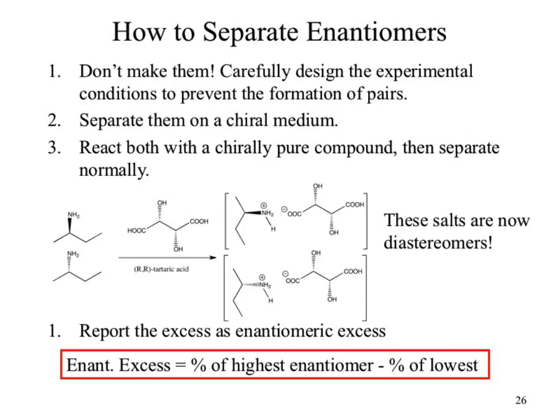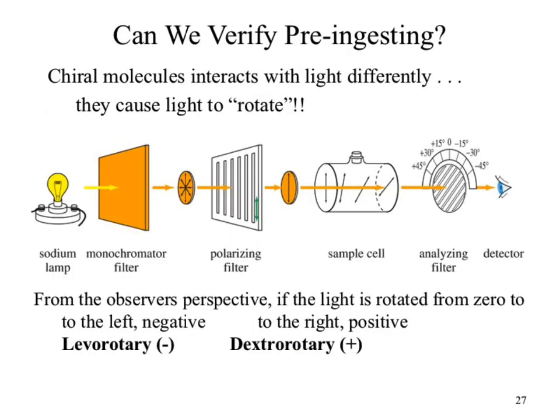Okay? Which brings in the next kind of issue. We have to be able to determine how much of each of these enantiomers we have. Well, if they don't separate away from each other, how would I figure that out? Spectroscopy. Okay? That's our identification scheme, not our separation scheme.